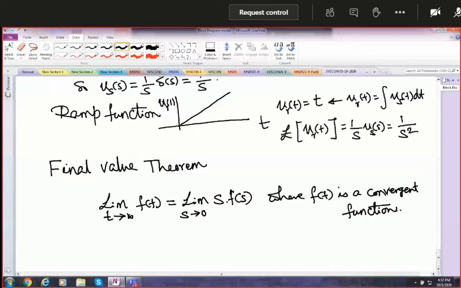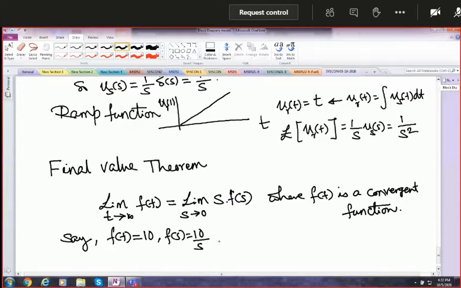That is it. For example, if you take the unit step, say f(t) is equal to constant 10, then F(s) is equal to 10 by s.